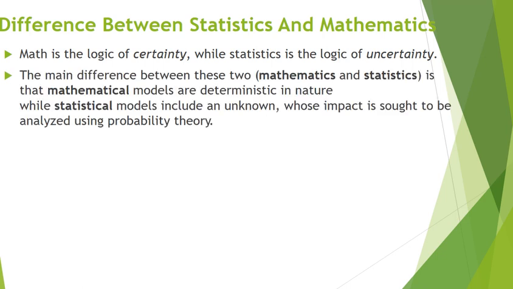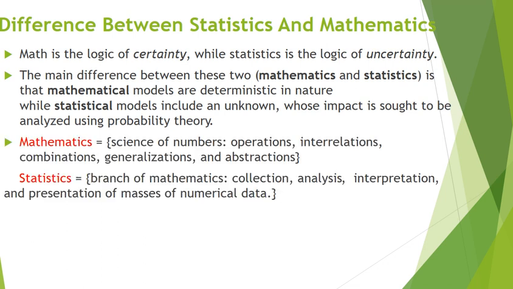The main difference between these two is that mathematical models are deterministic in nature, while statistical models include unknown values, whose impact is sought to be analyzed using probability theory. And probability is all about the matter of chance, so the results are unpredictable. Now, from this point, you can clearly differentiate between mathematics and statistics.